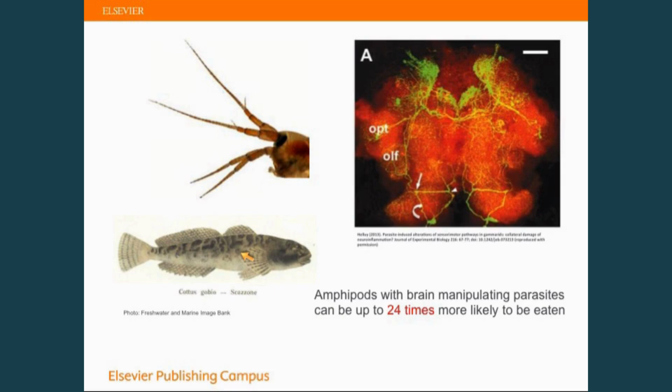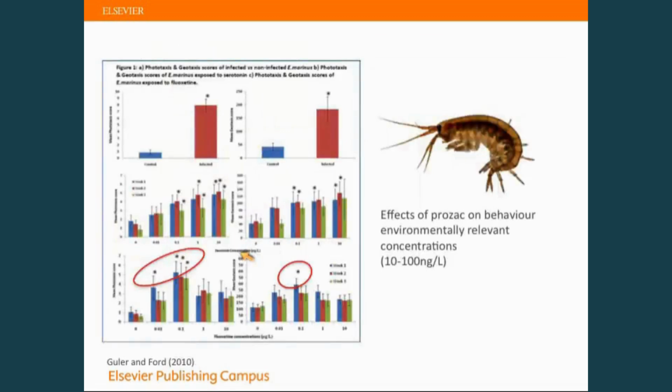The parasite deliberately manipulates the brain chemistry of the shrimp so it changes its behavior and swims out into the light rather than staying protected from predation in the dark under stones and gravel and in the seaweed. So as a result of these studies, we started to wonder whether these drugs that we find in the environment, these antidepressants, which were designed to elevate the same hormones and neurochemicals in the brains of humans, could also have the same effect on wildlife.